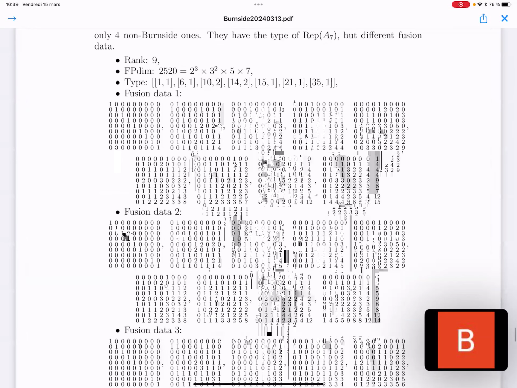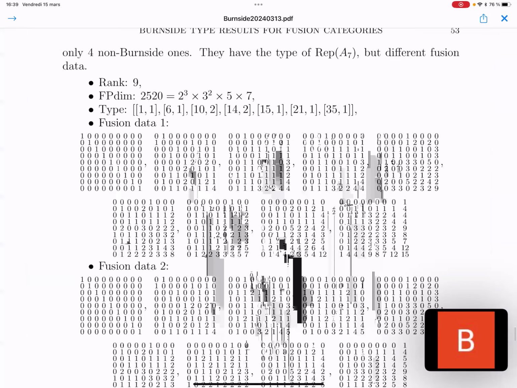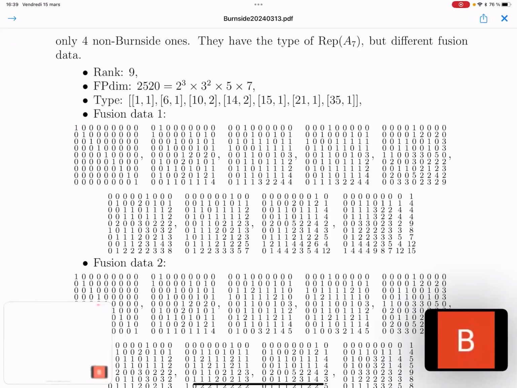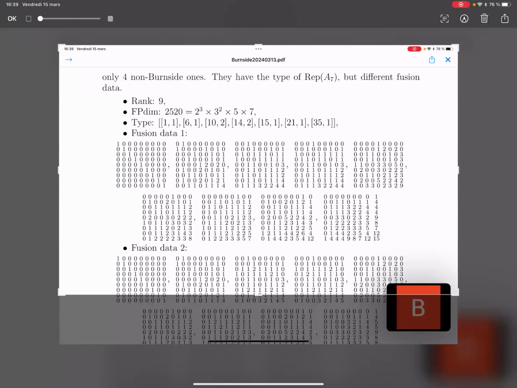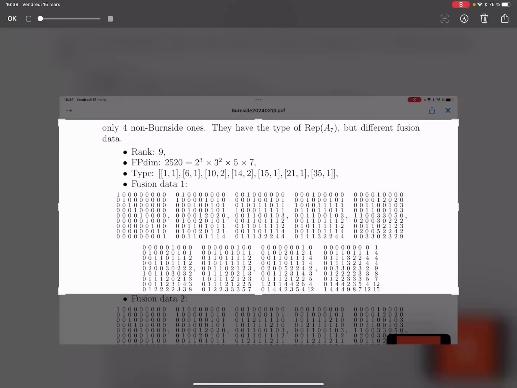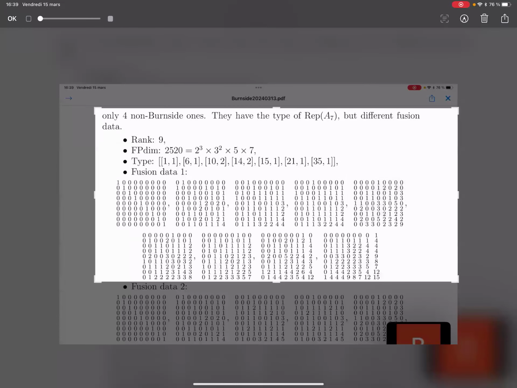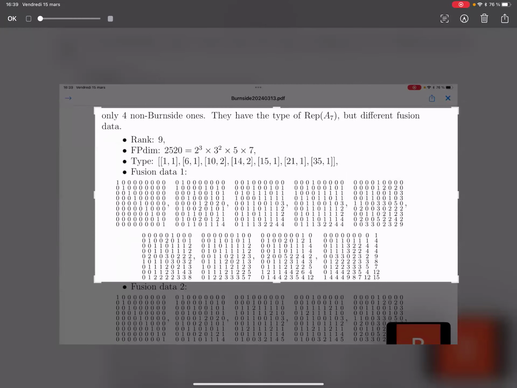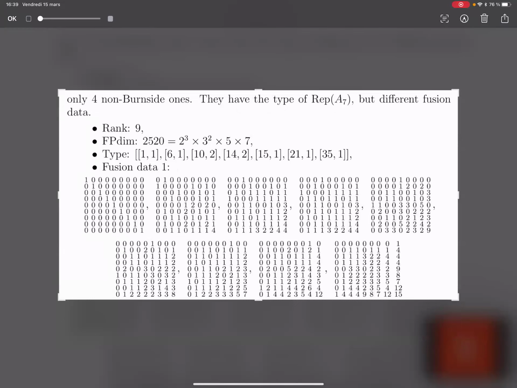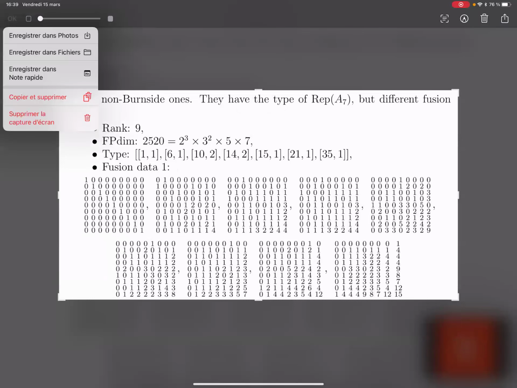I will not copy and paste everything, but just one. And I will put it in the notes. Okay.